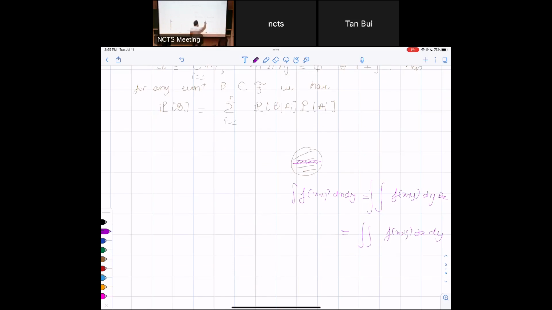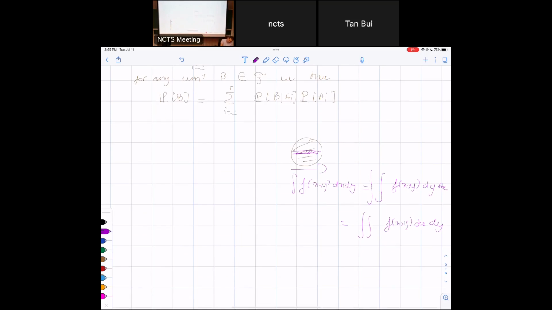If you look at this integration of the x, right? This is x and y. I'm sorry, by the way. So you say I'm chopping the thing into pieces. I chop into pieces. This is x and y. So f is like a density, right?